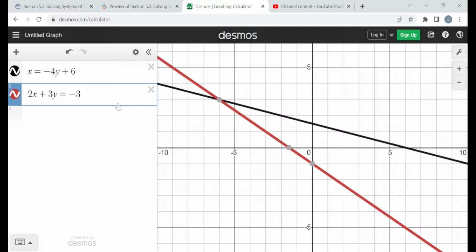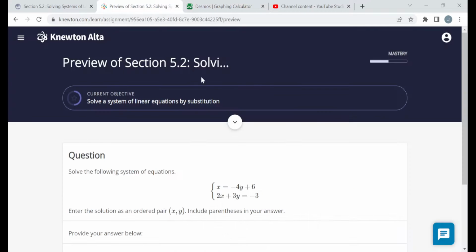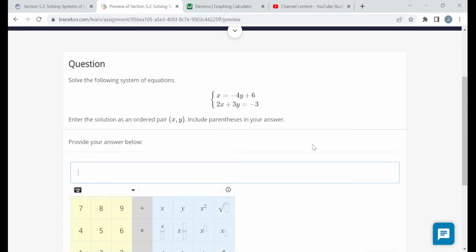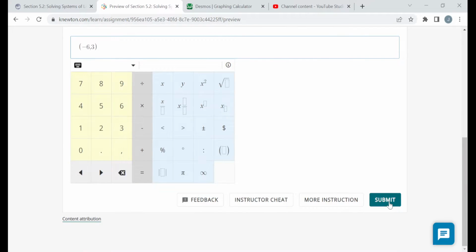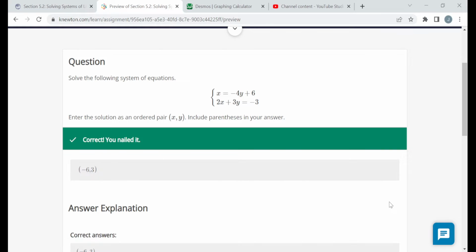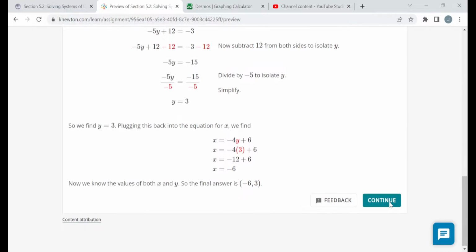And you can see where they meet, right? Negative 6, 3, which is exactly what I had. Excellent. All right, so I'm entering the ordered pair, negative 6 for x, comma 3 for y. Submit, and wonderful. And there should just be one more of these. Hopefully this isn't so bad.